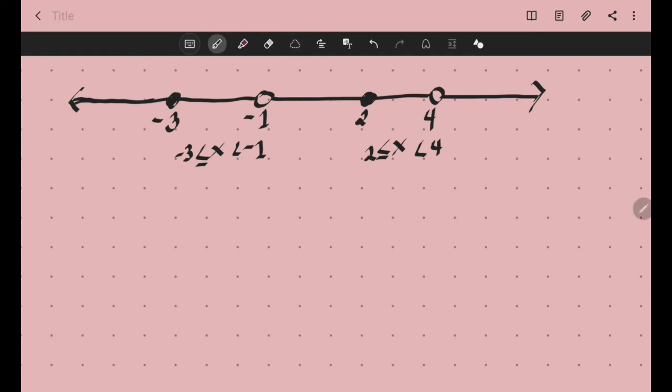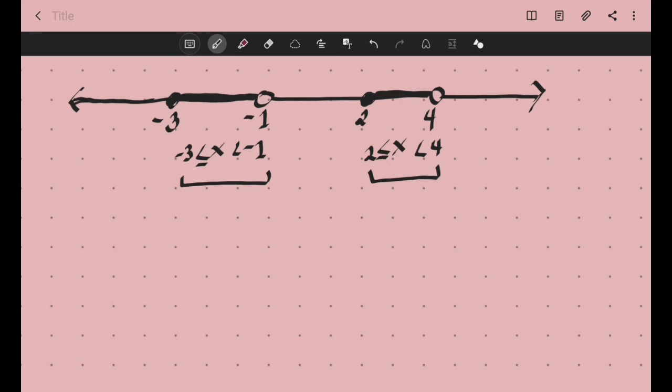At ang lumabas sa atin ay yung intervals na x is between negative 3 and negative 1, and x is between positive 2 and positive 4. So, ibig sabihin, sa ating number line, ang isi-shade natin ay yung between negative 3 and negative 1 at yung between positive 2 and positive 4. Bakit sila yung isi-shade natin?